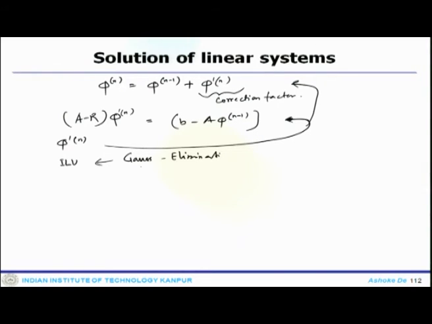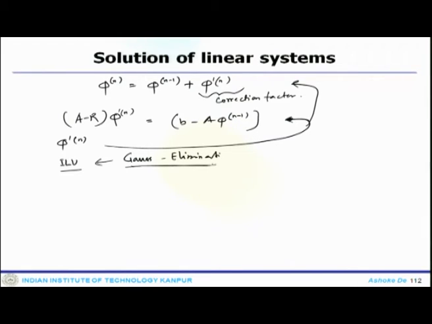So, you see what we have discussed for the direct method like Gauss elimination or the LU factorization, they are now again coming back under the discussion of the iterative process, and they play a critical role here, because once you try to do ILU factorization, you can use the Gauss elimination process.